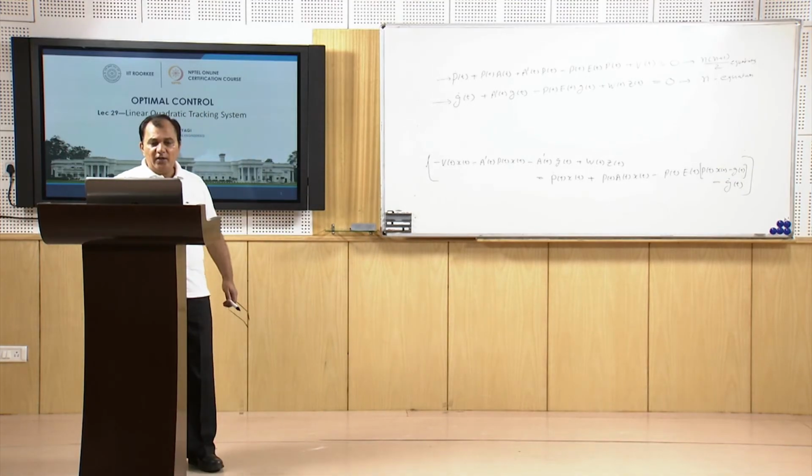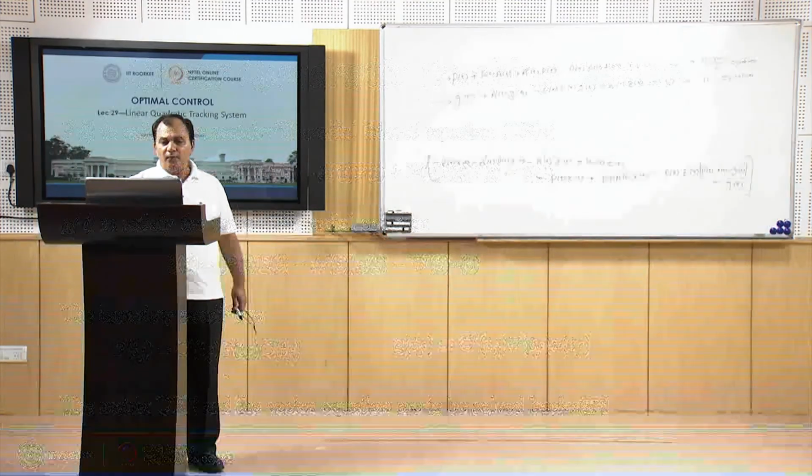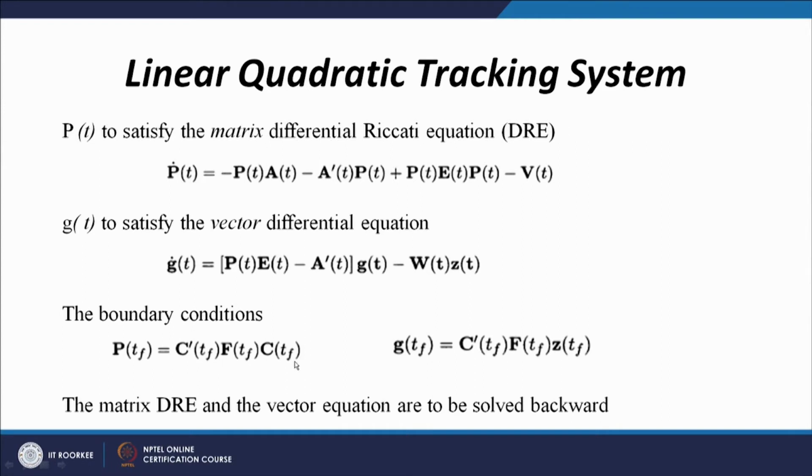As we have seen there, my P of T f is C prime T f, F of T f, C of T f, and G of T f is C prime T f, F of T f, Z of T f. Z is my reference input which is known to me, F is known to me, C prime T f is known to me. So, the terminal condition G T f, this whole vector is known to me.